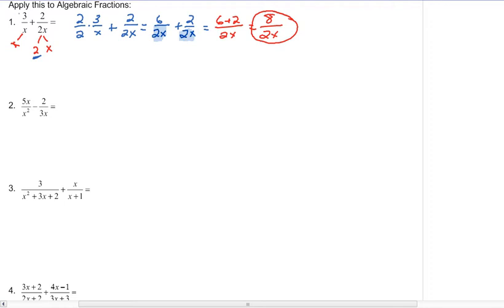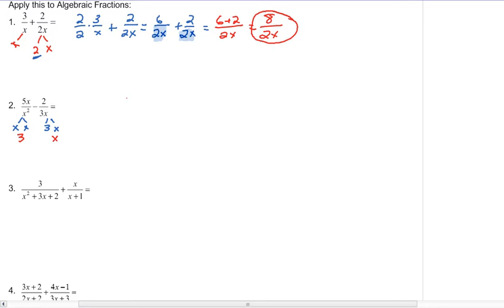The next one seems like it's a little bit harder, but it's the same ideas, maybe just one more step. Now the denominator of the first one, x squared, is just x and x. The second one, 3x, is just 3 and x. So we're missing a 3 from the first one, and we're missing an x from the second one.